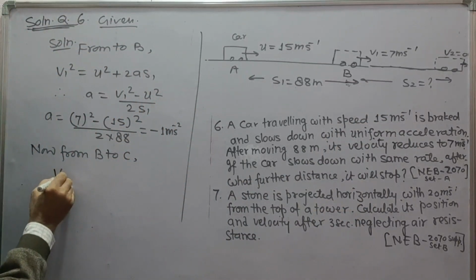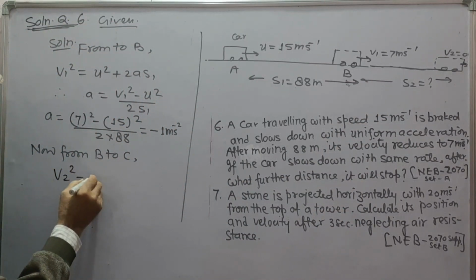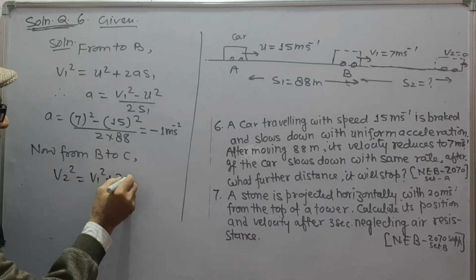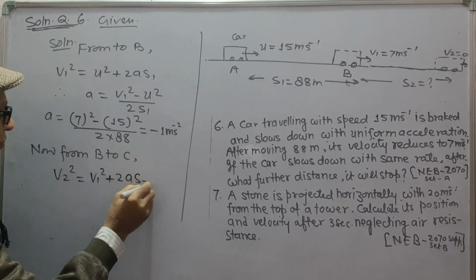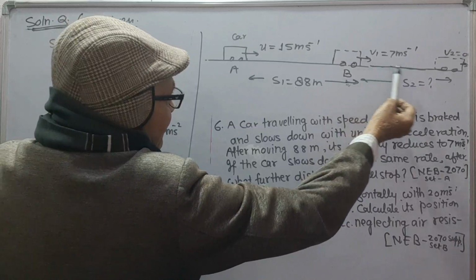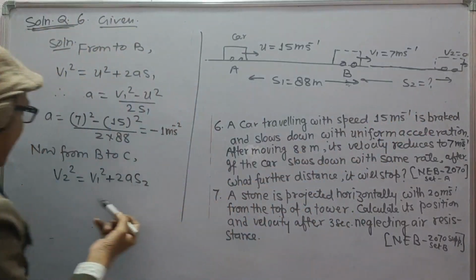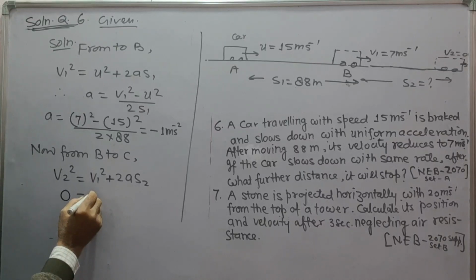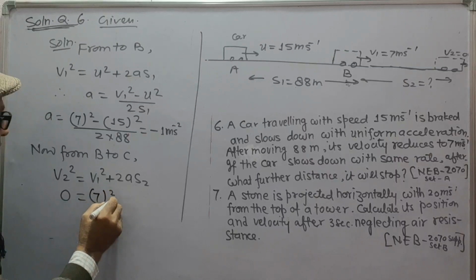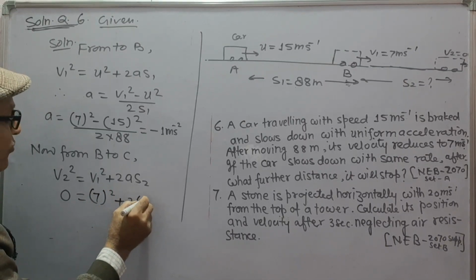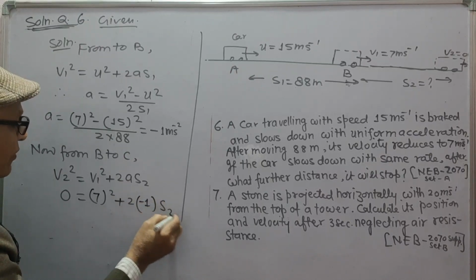Therefore, we can write v2 square is equal to v1 square plus 2a s2. v2 is 0, v1 is 7 square plus 2 into a is minus 1 into s2.